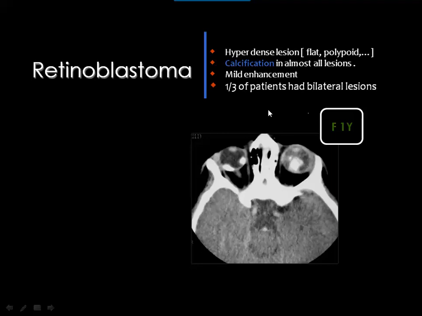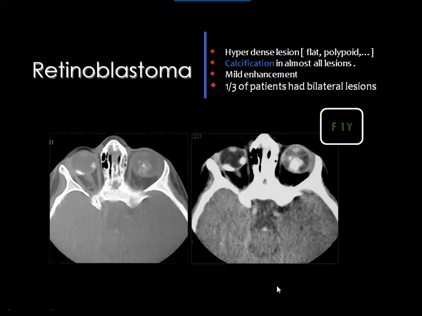And you should remember that retinoblastoma is a bilateral disease in about 30% of the cases. And here you see bilateral retinoblastoma, an intraocular mass on the left side, and multiple foci of calcification and masses within the right globe, representing bilateral retinoblastoma.